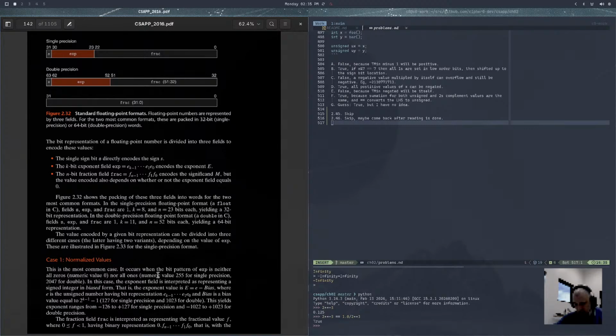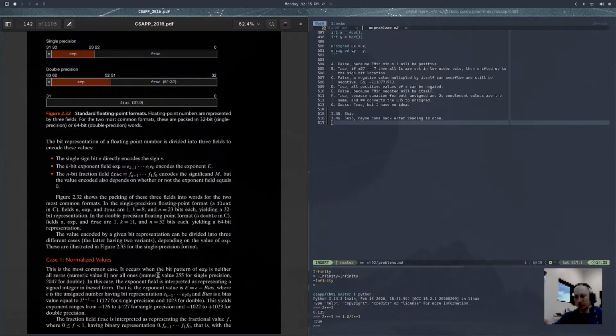This yields exponent ranges from negative 126 to positive 127 for single precision, and negative 1022 to positive 1023 for double precision. The fraction field frac is interpreted as representing the fractional value f, where 0 is less than or equal to f is less than 1, having the given binary representation.